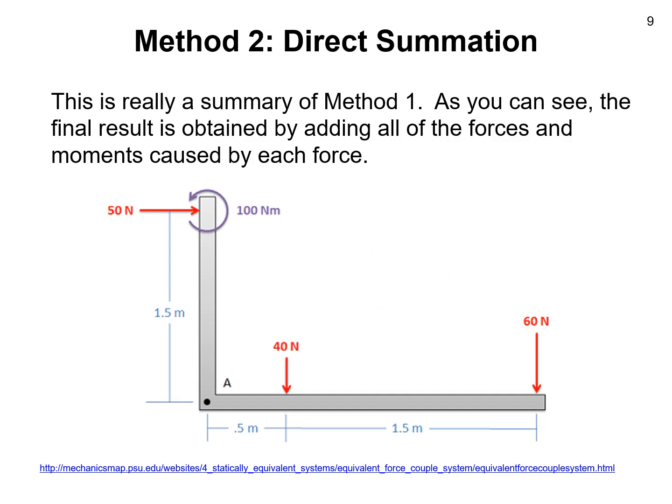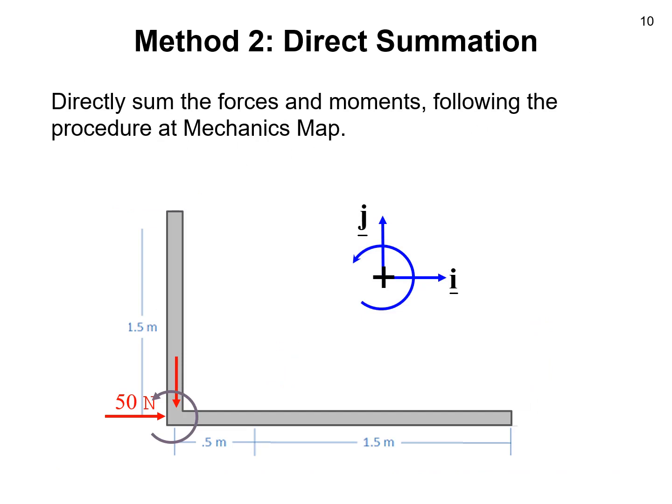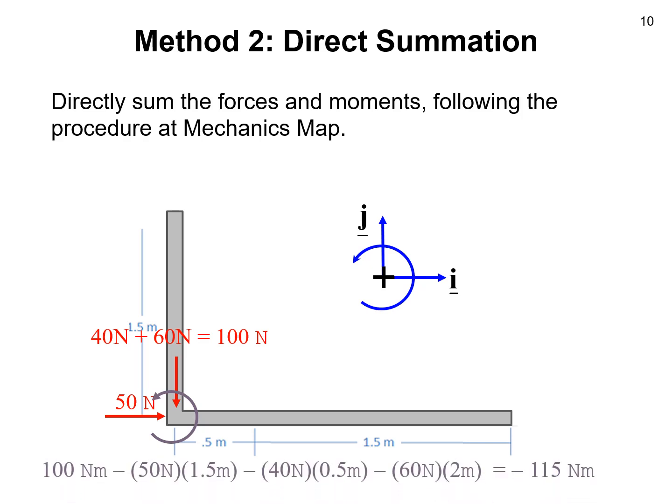It basically says, let's immediately bring all the forces and torques to the point A, and of course the total force vector now in the vertical direction here is 40 plus 60 equaling 100, and the total torque vector was plus 100 Newton meters, but then minus 50 newtons times 1.5 meters, minus 40 newtons times half a meter, minus 60 newtons times 2 meters, equaling again negative 115 Newton meters.